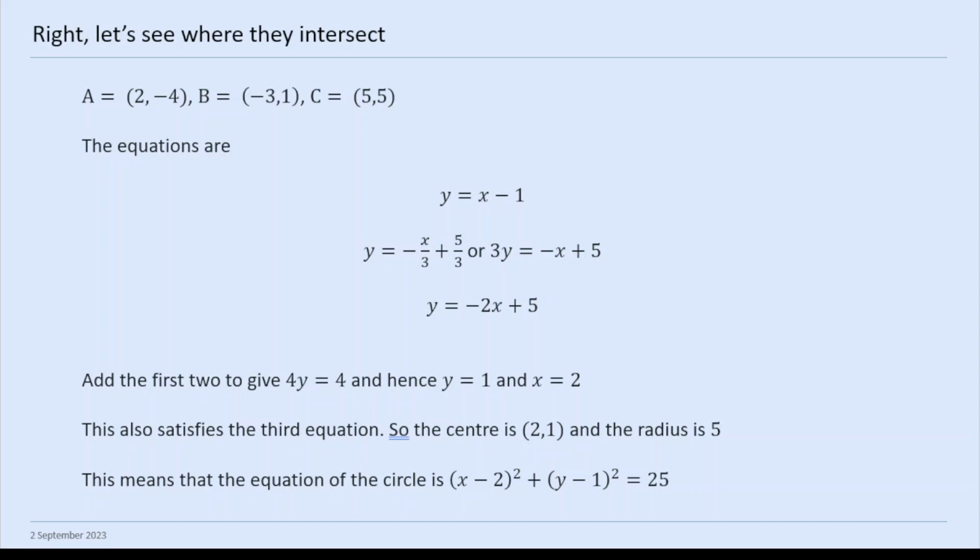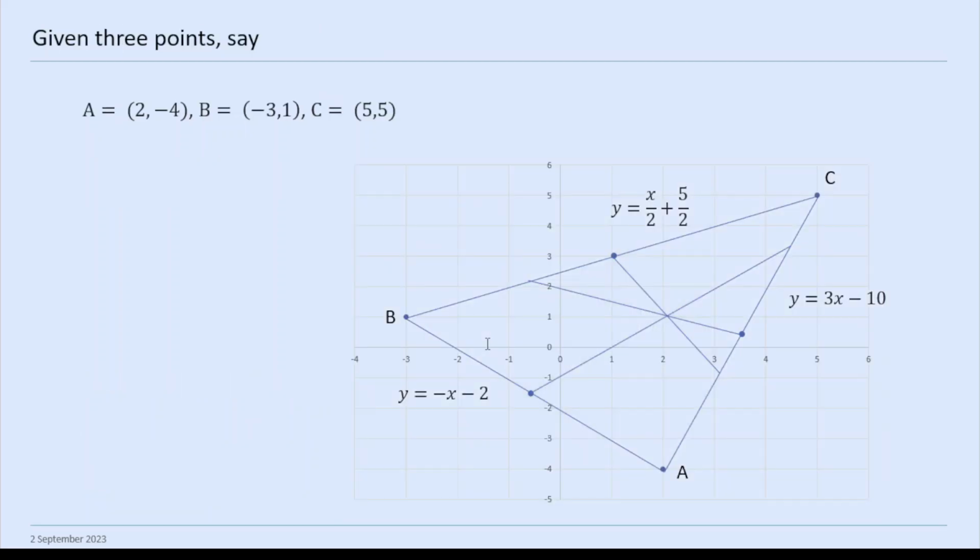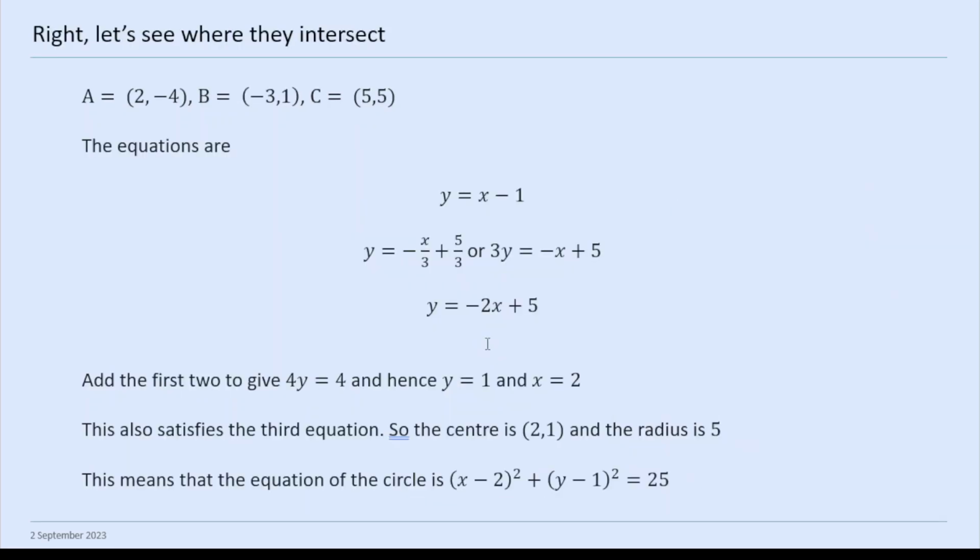Actually, that's a nicer way to use it than y equals minus 2x plus 5. So if we add the first two, y equals x minus 1 and 3y equals minus x plus 5, we get 4y equals 4, hence y equals 1. And then if you put y equals 1 back in here, x needs to be 2. So the answer is x is 2, y is 1, which was kind of what we trailed here visually.